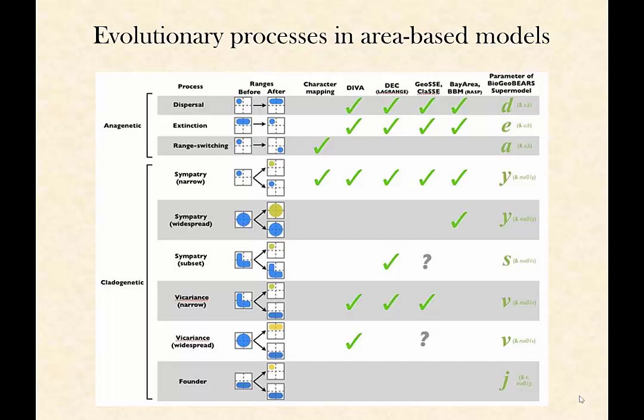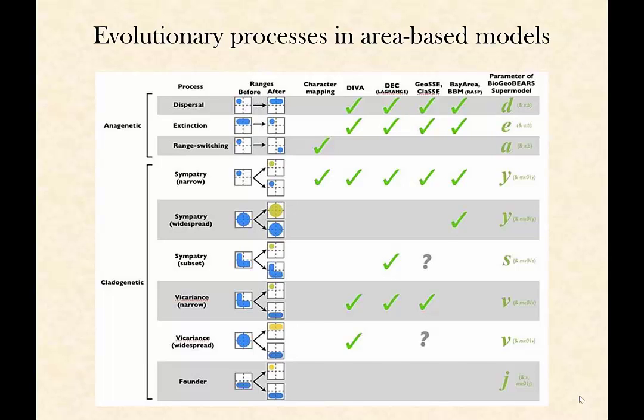This is an example of the sort of processes that are being modeled by these algorithms. Different algorithms model different processes. Some of them allow dispersal, some allow extinction, some allow sympatric divergence, species in the same place diverging into two species, set by things like sexual selection. Vicariance is diversification by a geographical barrier forming and splitting a species.